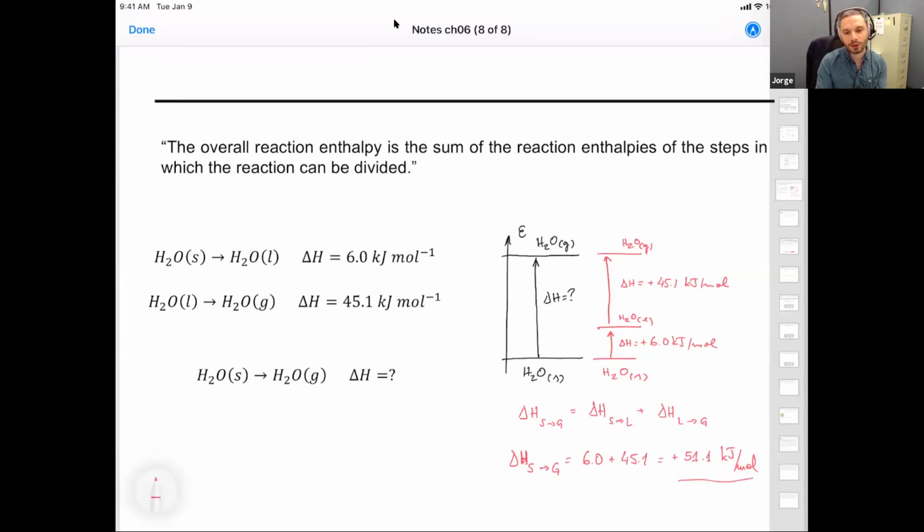So while kilojoules is whatever amount you have for the stoichiometric coefficient, the divided by mole only indicates that you are talking about energy per 1 mole.